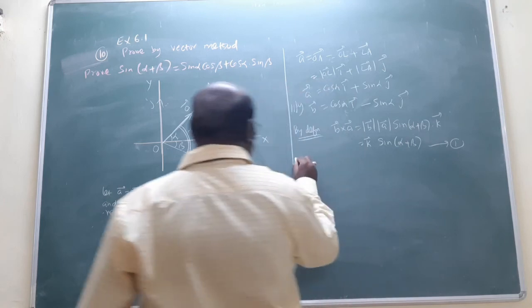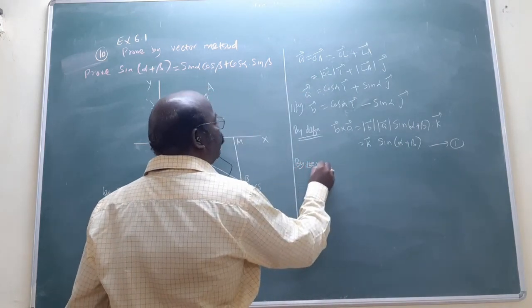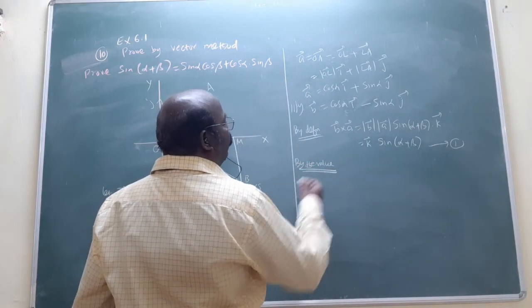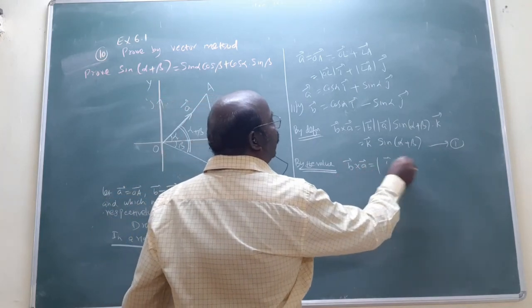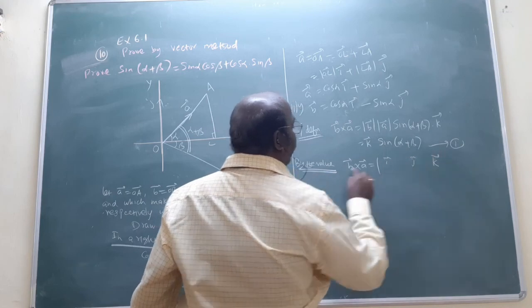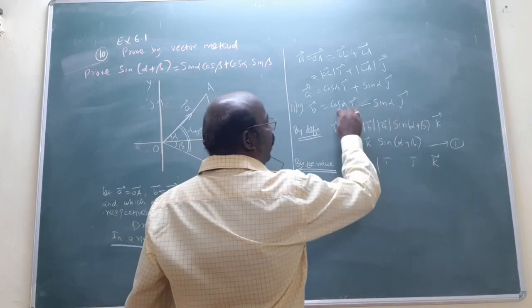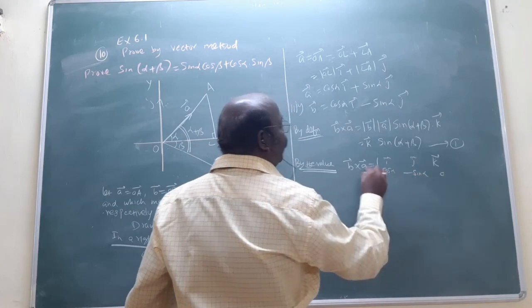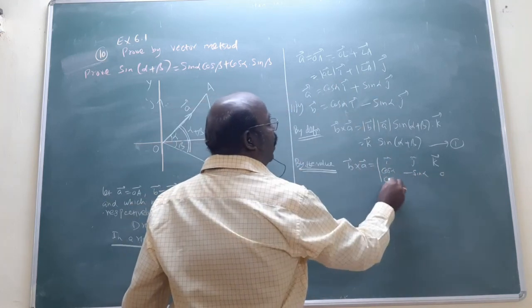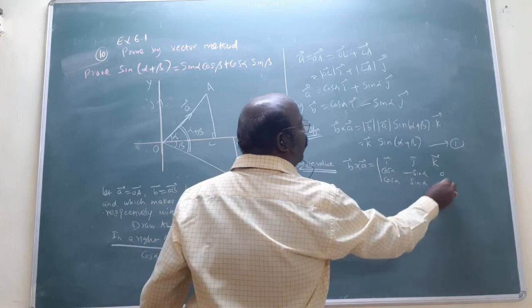Similarly, by the formula, B cross A equals the determinant with I, J, K. Here the B vector is cos beta, minus sin beta, 0, and the A vector is cos alpha, sin alpha, 0.